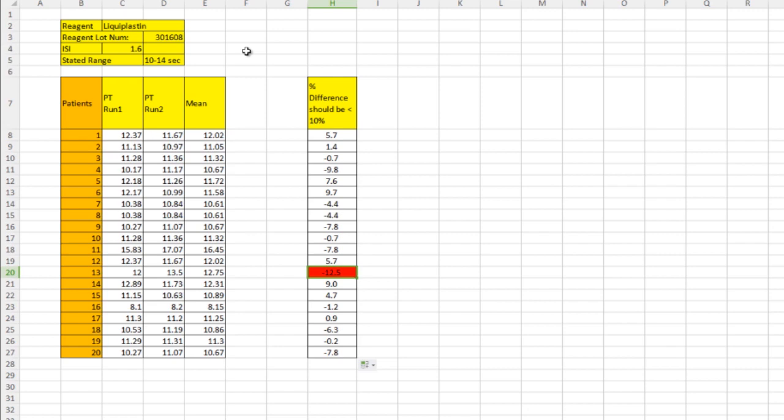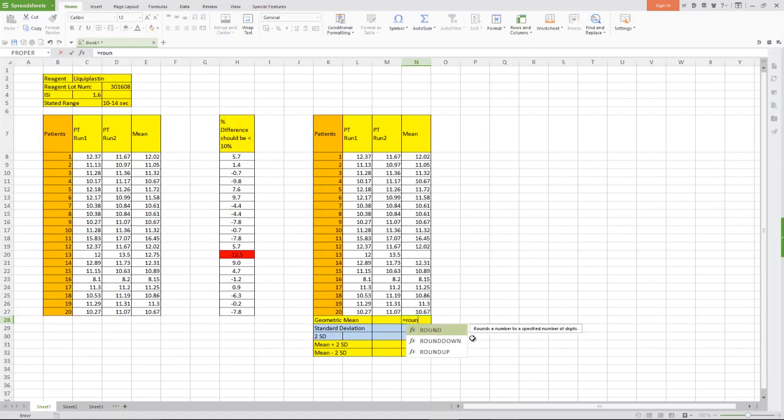Exclude this one. Then, the geometric mean of all the 19 accepted mean values can be calculated by inserting a simple formula on your Excel sheet. In our example, it comes out to be 11.25 seconds. Now, calculate the standard deviation on the 19 sets of means by inserting a simple formula on your Excel.